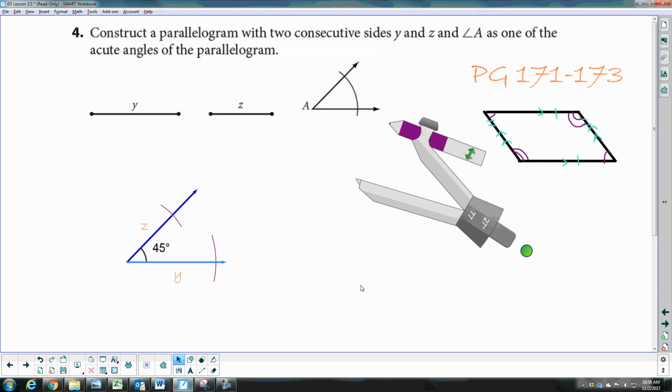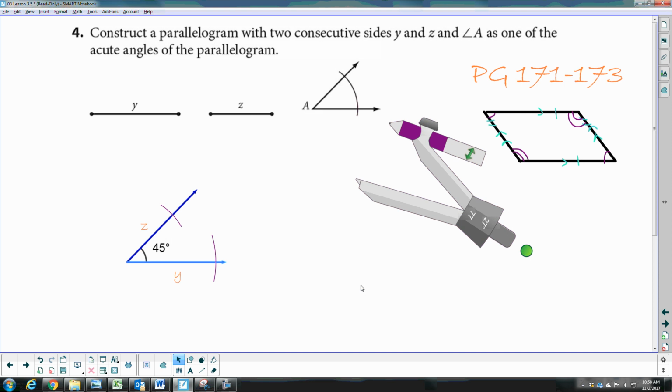And then that angle is A. All right, now we're going to duplicate that angle. Now we can use corresponding angles conjecture, we can use alternate interior angles conjecture, we can use alternate exterior angles conjecture. It doesn't matter which one we use.